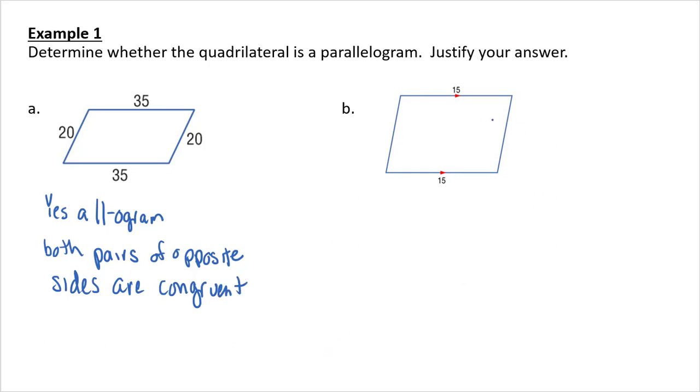For B, it's maybe hard for you to see, but I have a parallel symbol on there, and both sides are 15. So yes, this is our new one. This is a parallelogram.